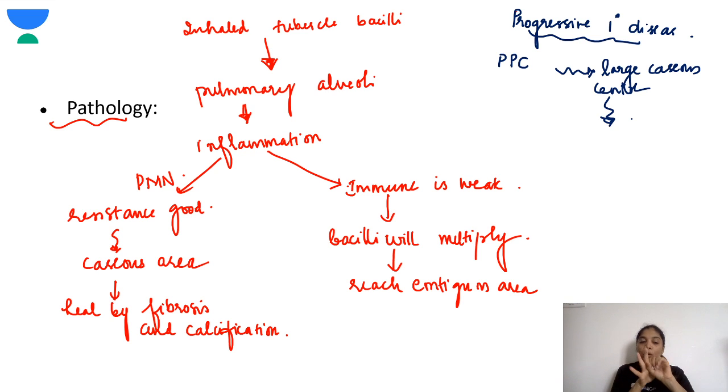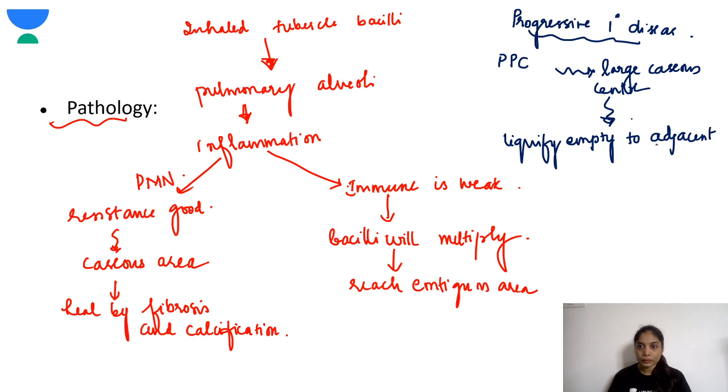If the center liquefies, it reaches the adjacent bronchus and empties into it. As a result, this entire caseous ball has liquefied, so that area is empty, right? So that becomes a cavity.